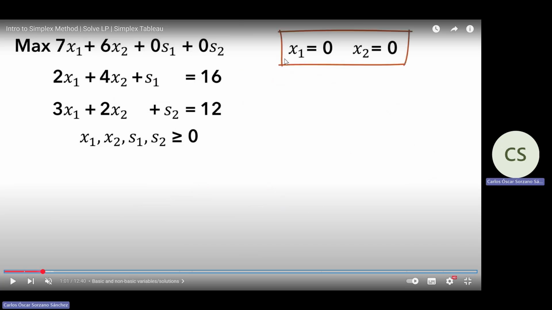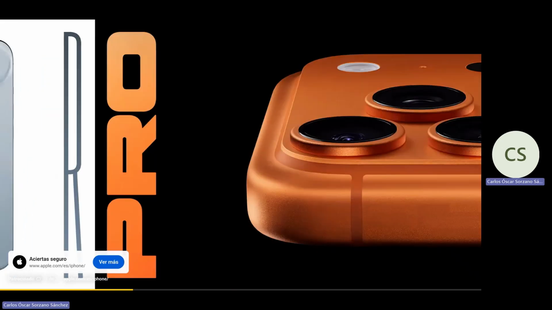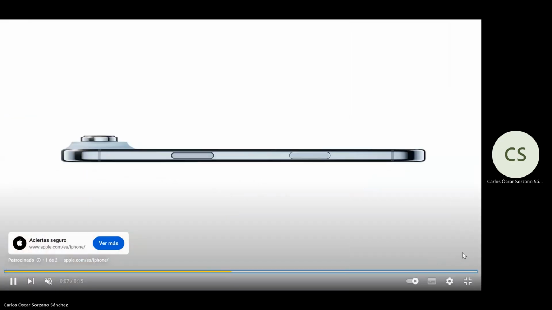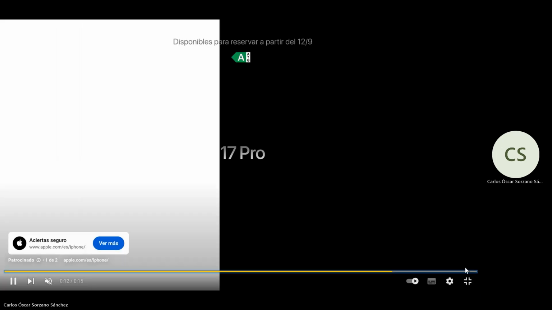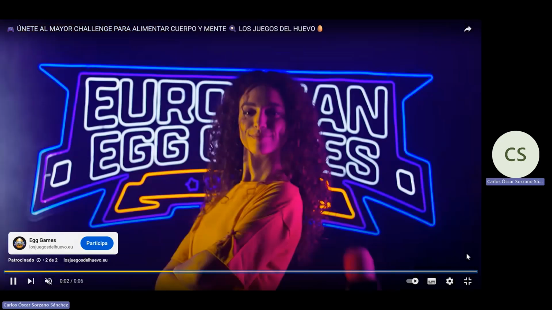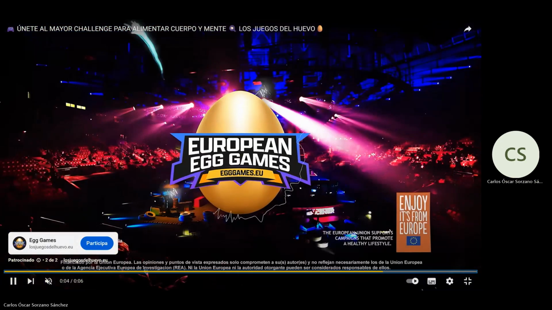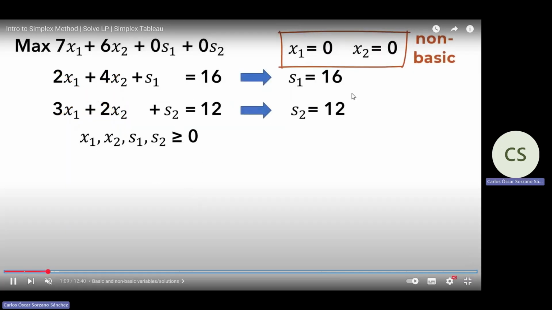And something easy is x1, x2 equals 0. So you are already satisfying this part. Okay, so both are 0.